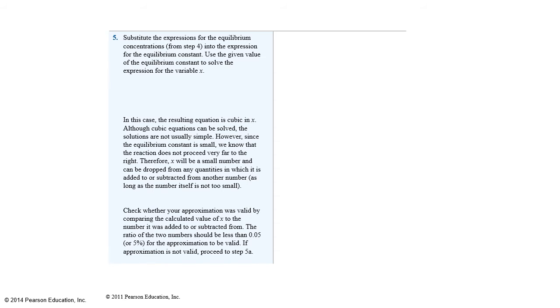So now we're going to look at our equilibrium constant expression. It is going to be H2 squared, because of the coefficient, times S2 over H2S, and that one is also squared because of the coefficient.